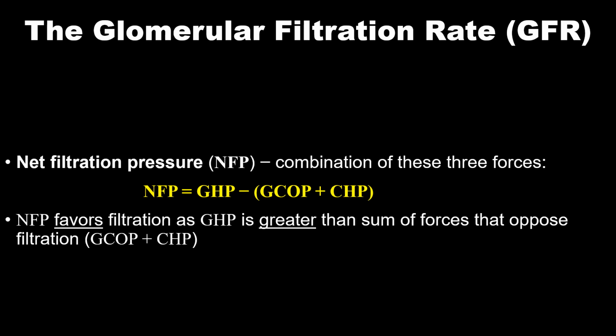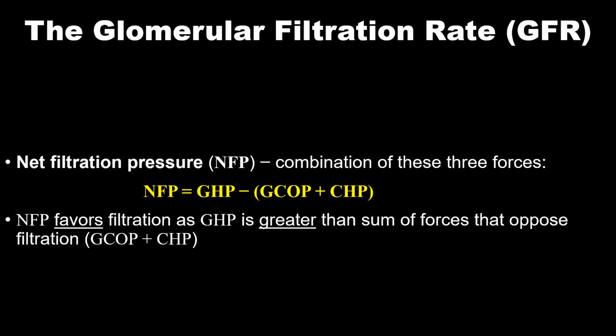So the net filtration pressure equals the glomerular hydrostatic pressure minus the sum total of glomerular colloid osmotic pressure and the capsular hydrostatic pressure. And so the net filtration pressure is going to generally favor filtration because the glomerular hydrostatic pressure tends to be higher than the sum of forces that oppose it.